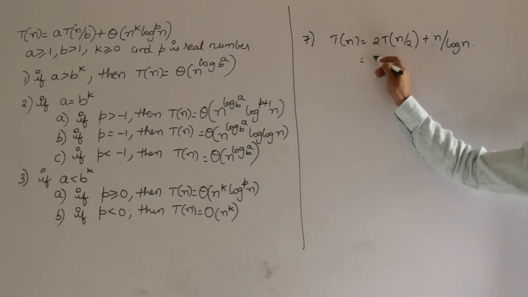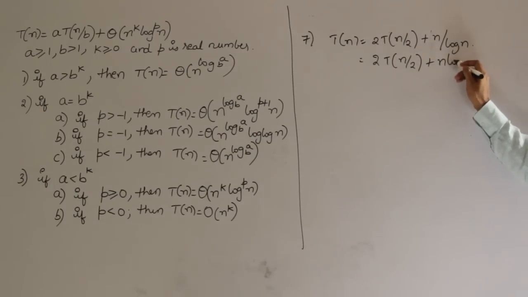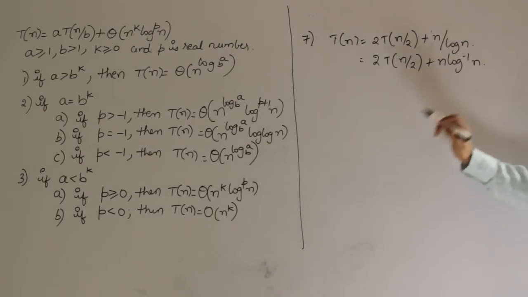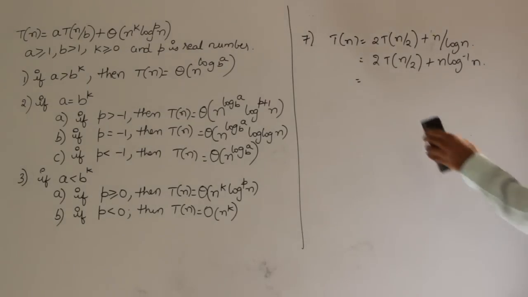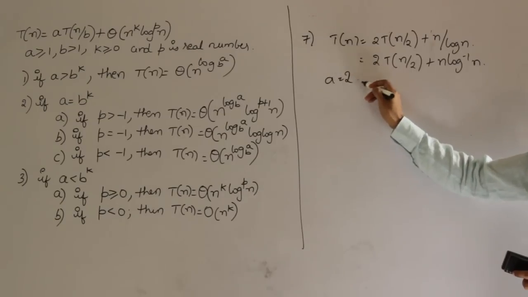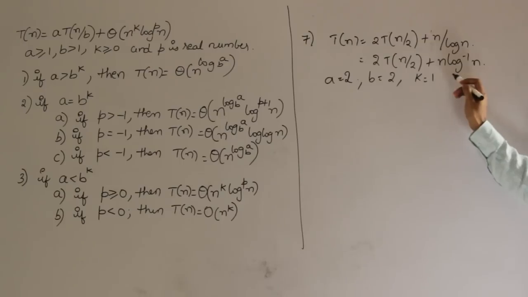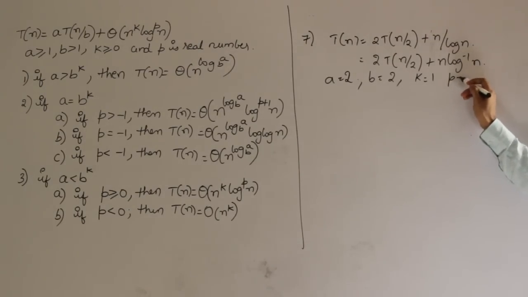So how could I write it? 2T of n by 2 plus n into log power minus 1 n. So in this condition, you have a equal to 2, b equal to 2, k equal to 1 and p equal to minus 1.